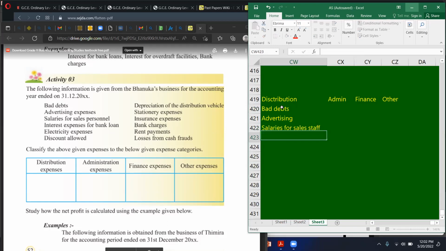And interest expenses for bank loans, finance expenses. Electricity expenses, administration expenses. And discount allowed, distribution expenses. Thanks a lot. Yeah, good.